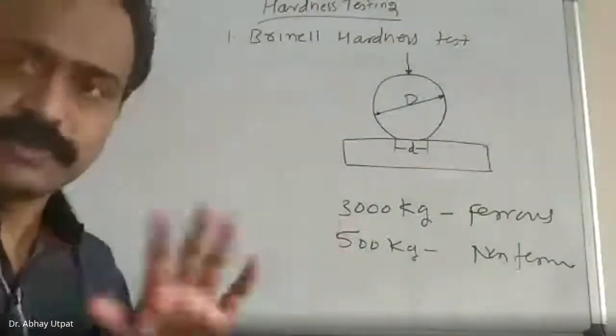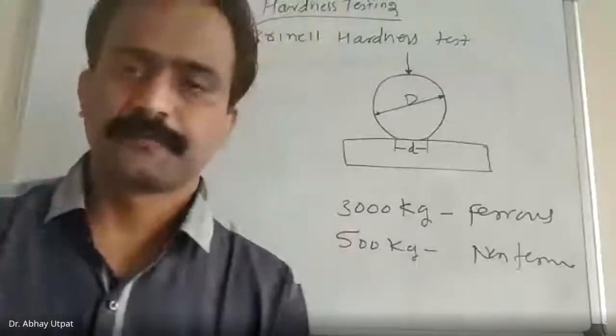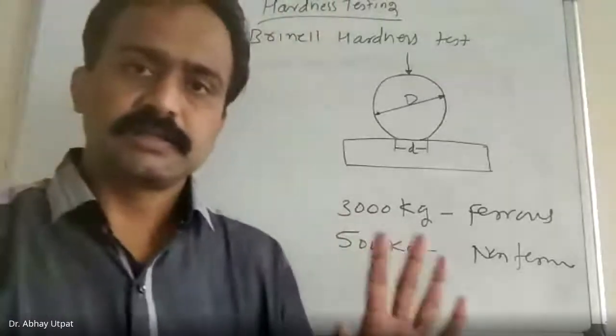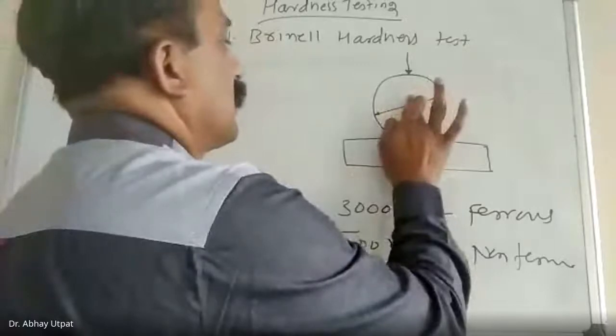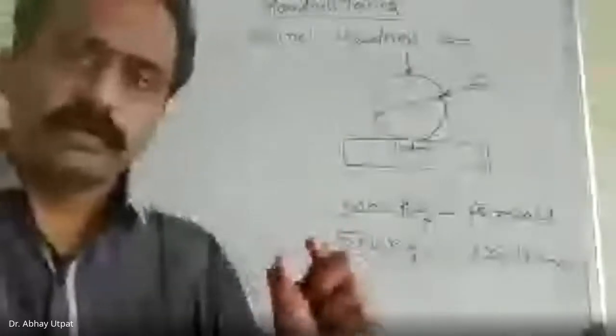You have to draw this figure, but pay attention also simultaneously. Just imagine here D, I have written D. Next line: the diameter of ball is 10 mm.